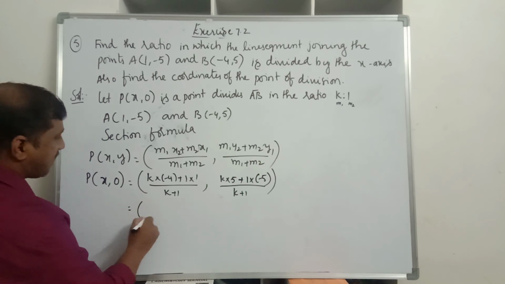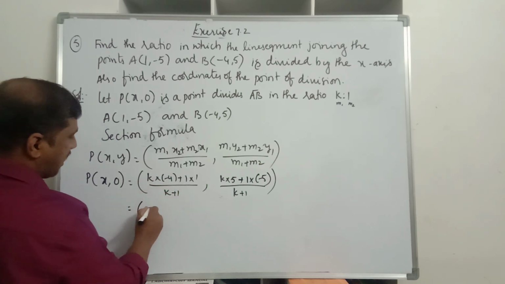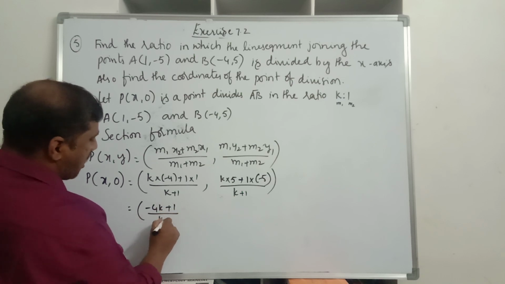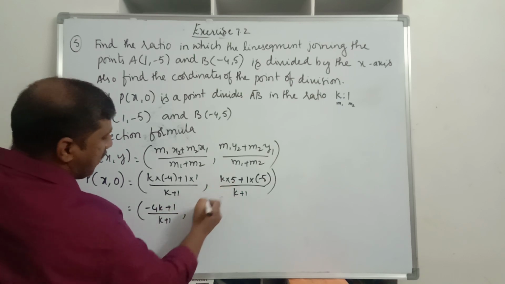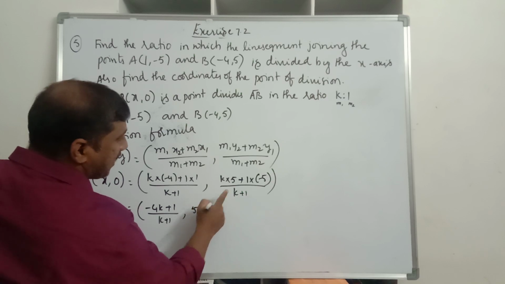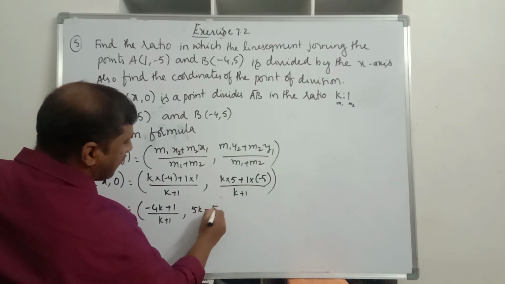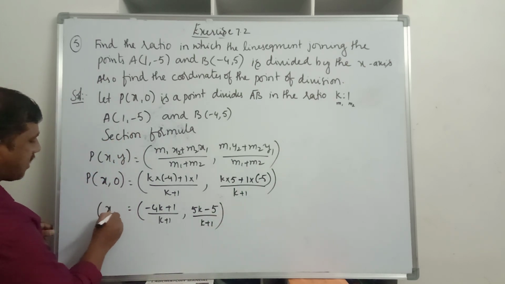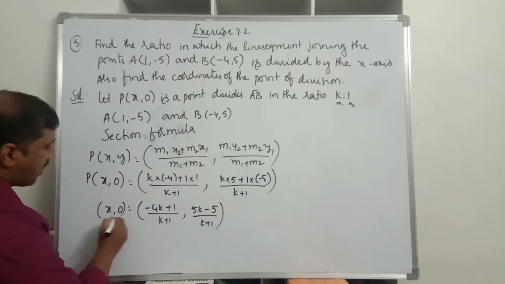First you simplify this. Plus into minus, minus 4k plus 1 into 1 it is 1, divided by k plus 1, comma, k into 5 it is 5k, plus into minus 1 into 5 it is 5, divided by k plus 1, that is x comma 0. Now here the y coordinate is 0.